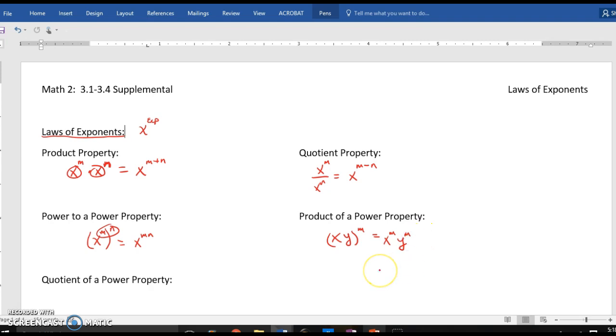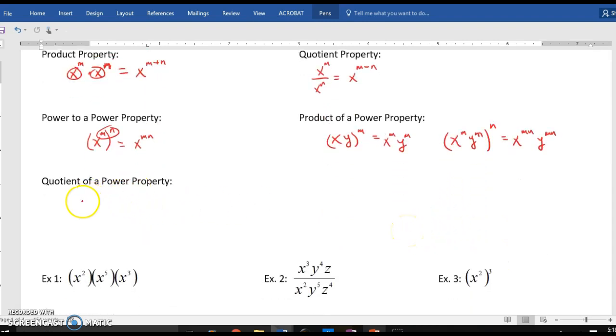So we would get x to the m and y to the m. And just to let you know, if I have, say, x to the m, y to the m, and I raise this to the n power, I basically multiply the exponents here, and then I multiply the exponents here. Okay?